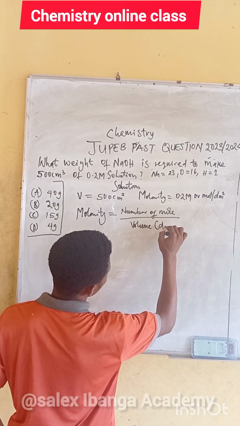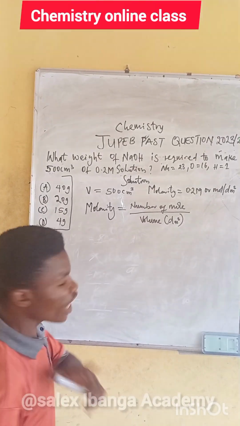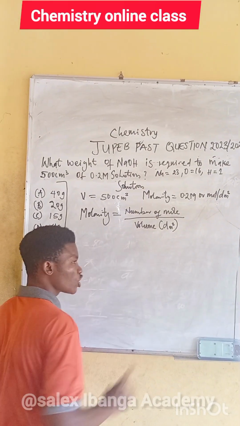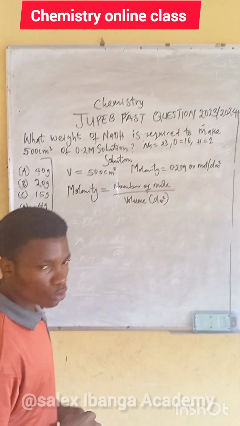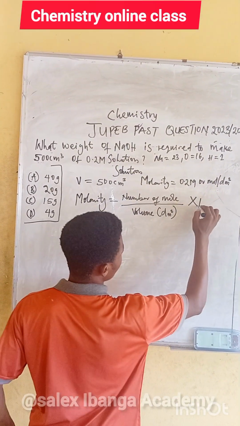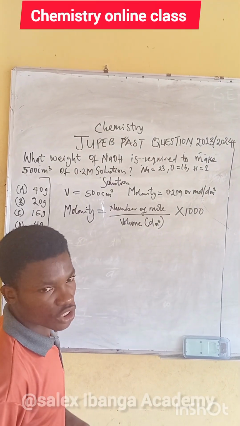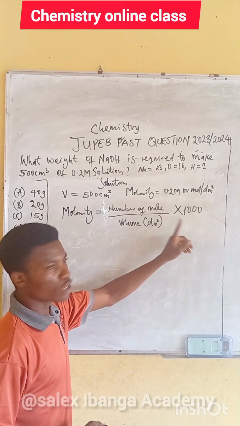And this volume must be in dm³. So if your volume is not in dm³, my people, multiply the whole formula by 1000.